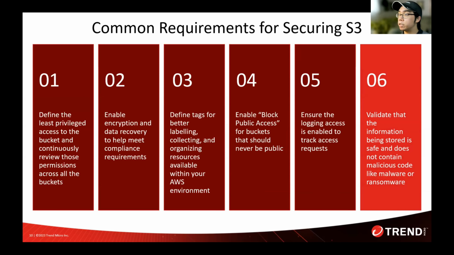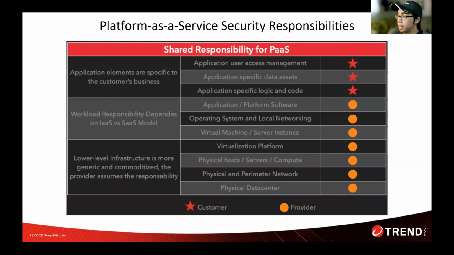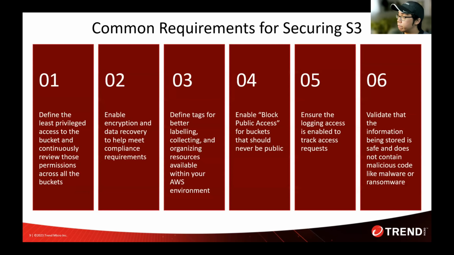And it's important to note, if we think back to the shared responsibility model, because these S3 buckets or these storage environments are part of our application, and they can host application data assets, logic, and code, or hold any kind of user information, we have to meet all of these requirements, not only for AWS well-architected compliance, but to other third-party frameworks as well.